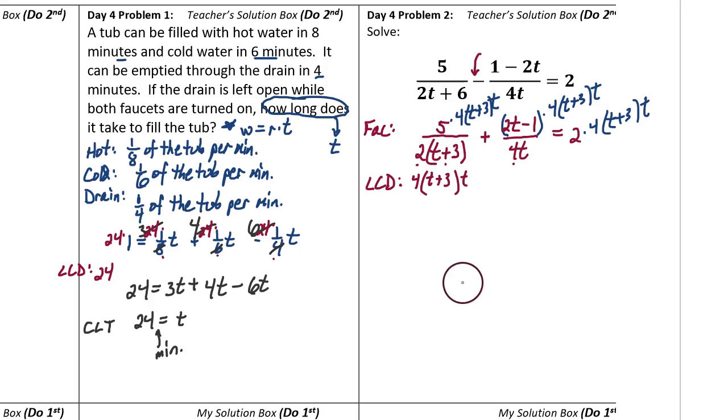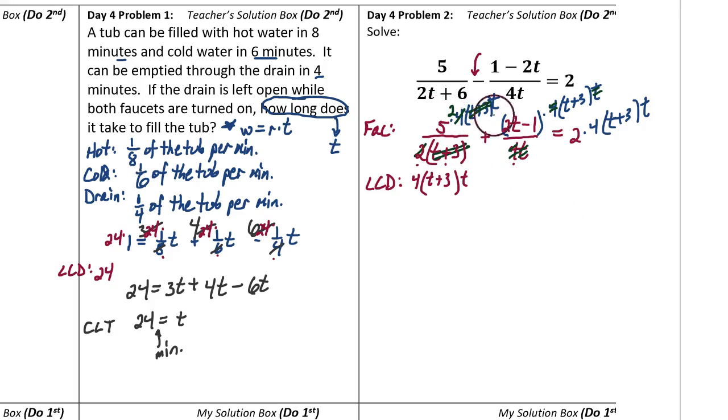We're multiplying all parts by our LCD. The reason for doing that is so that things cancel away. The 2 goes into the 4, leaving 2. The t plus 3 cancels the t plus 3. Over on this part, the 4 cancels the 4. The t cancels the t.